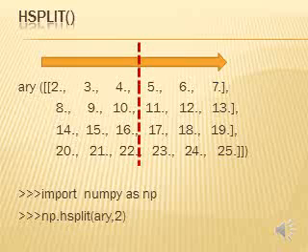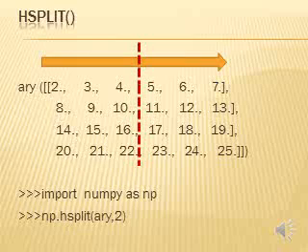It has 4 rows and 6 columns, right? Now if a question comes regarding the hsplit function, the simplest method I am telling you is, just draw a horizontal line above or below the array. Okay, because it is hsplit, it is starting with H, so you have to draw a horizontal line.